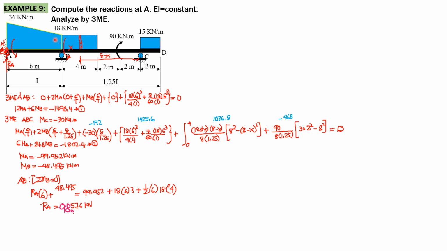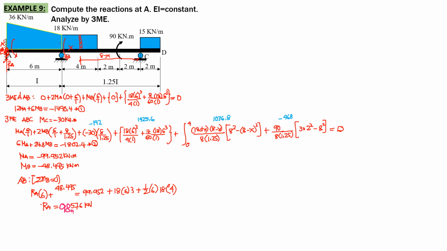The direction of moment at B is, because it is negative 48.495, clockwise, take note. So counterclockwise, just the right of B. So take note, this is clockwise.